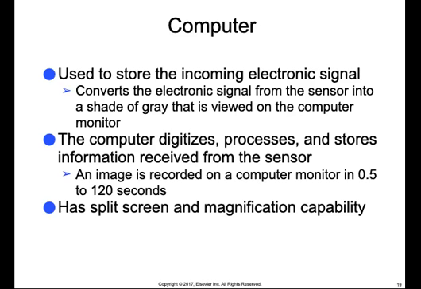So for example, by comparing previous to current bitewing images. So the speed of the image recording is extremely useful during certain dental procedures. And images may be stored permanently in the computer, printed on hard copy for the patient record, or transmitted electronically to insurance companies or referring dental specialists.